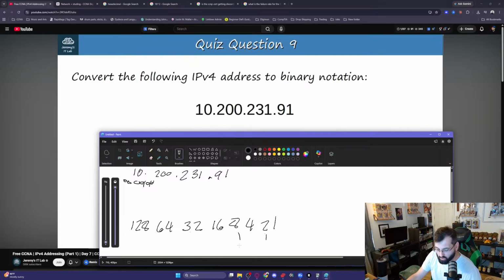Okay, and then we have 200. So that 200 is going to be 192. So we really just need 6. See, and that's like, we got to be able to see those patterns. 1 1 0 0 0 1 1 0.